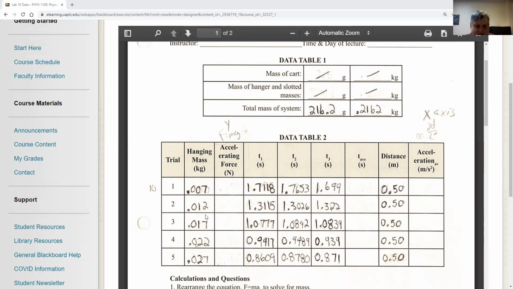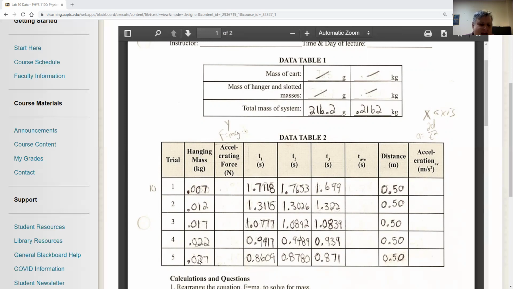And every time we want to change the hanging mass, we'll just take one of the weights on the cart and move it onto the hanger that's attached to the string. That way the system remains the same. We're not changing the mass of the system that we calculated here. Instead, it's going to remain the same throughout. We're just moving the masses around from the cart over to the hanger.